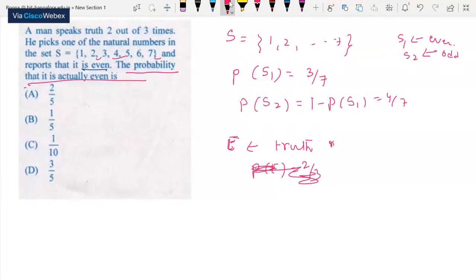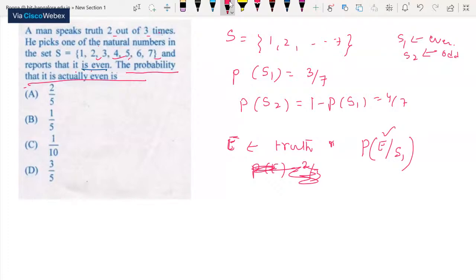The man speaks the truth 2 out of 3 times. He picks one of the natural numbers and reports that it is even. Please try to understand the probability of even out of even numbers. How many times does he speak the truth? Out of the even numbers, he speaks the truth 2 out of 3 times.